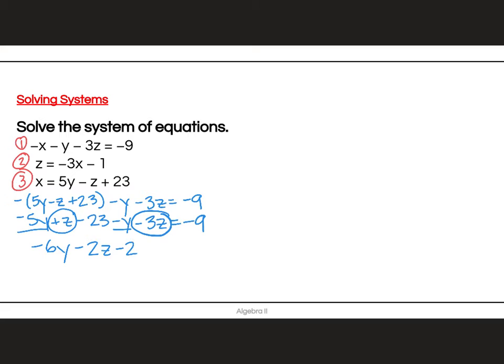And then minus 23, because that's all I have left, is equal to negative 9. Then I need to put that 23 with the 9, so plus 23 and plus 23. So that's negative 6y minus 2z is equal to 14. And this is going to be my equation number 4.